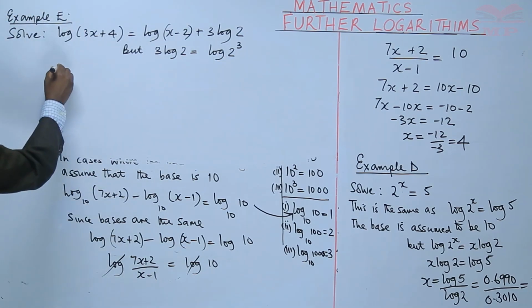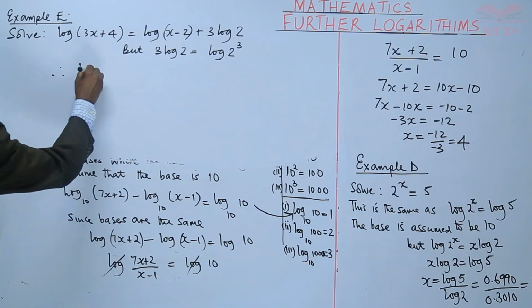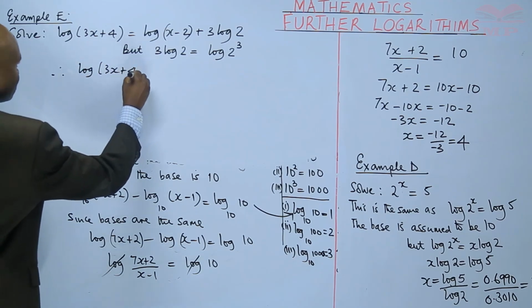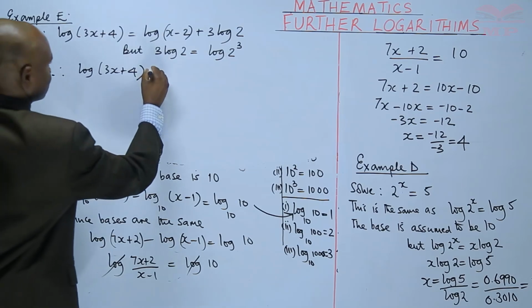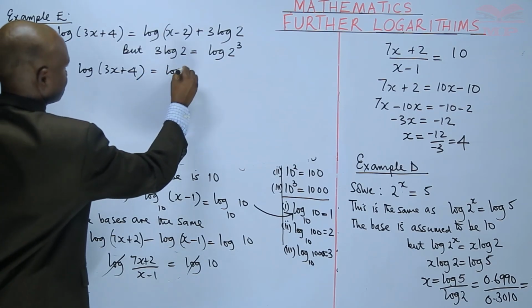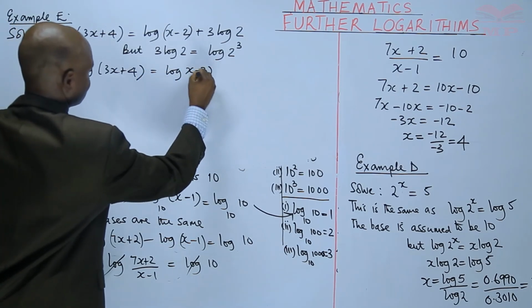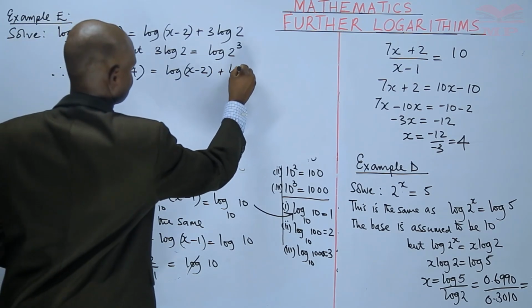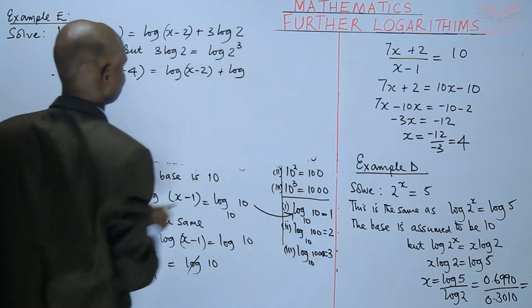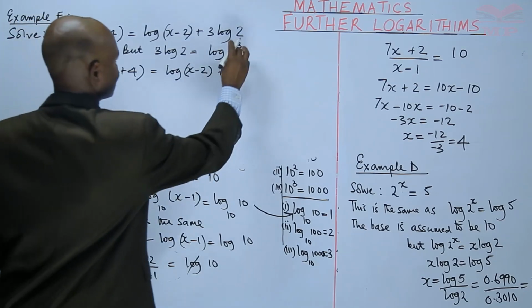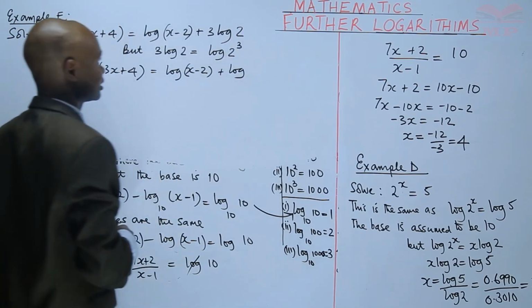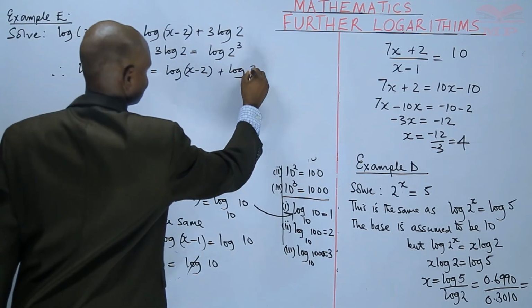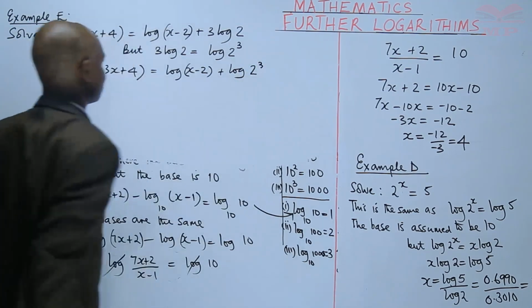So therefore, log of 3x plus 4 will be equal to log of x minus 2 plus log of 2 cubed, which is 8. 2 cubed is 8.